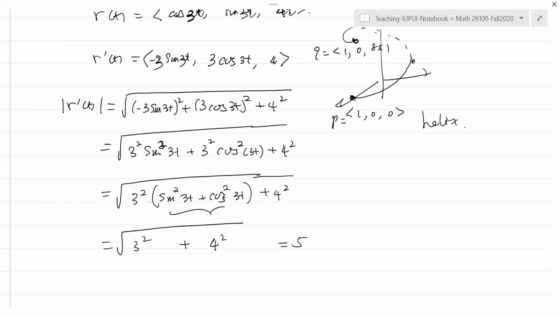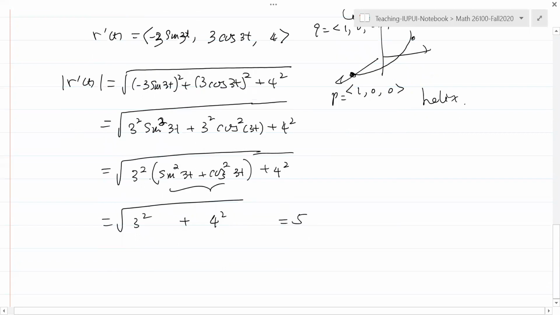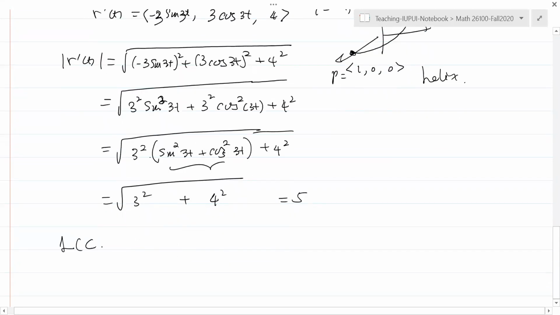So now, according to the above formula, it is going to be the integral from 0 to 2 pi. You write down this formula, and then since it's a constant, don't worry about the integral.